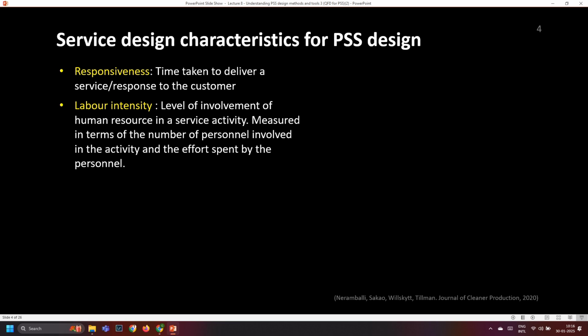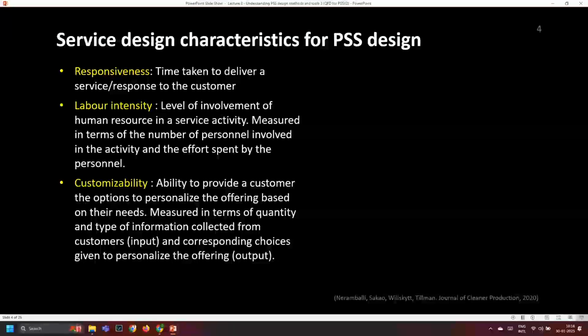So therefore, it's relevant, and a designer can decide this. You will see how the labor intensity can be adjusted or adapted in the next lecture, dealing with the product-service interdependency. Right? That's about the next lecture.